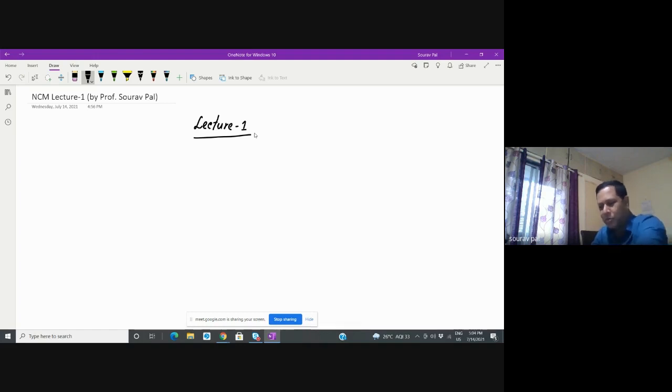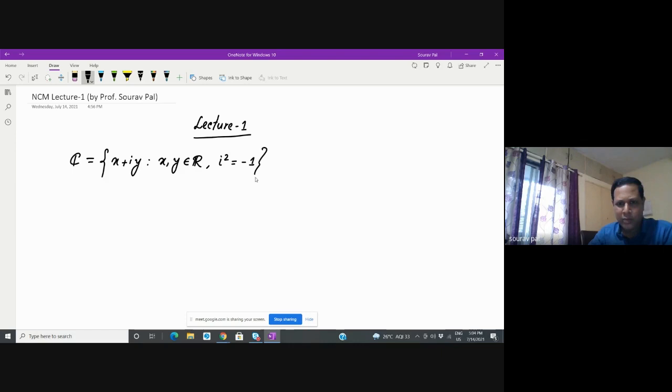I would like to begin with basic stuffs of point-set topology so that we understand things. What are complex numbers? Since we are mathematicians, we all have seen this set. It is nothing but a collection of points x plus iy, where x, y come from the real line, and this i is such a number that we have i squared equal to -1.